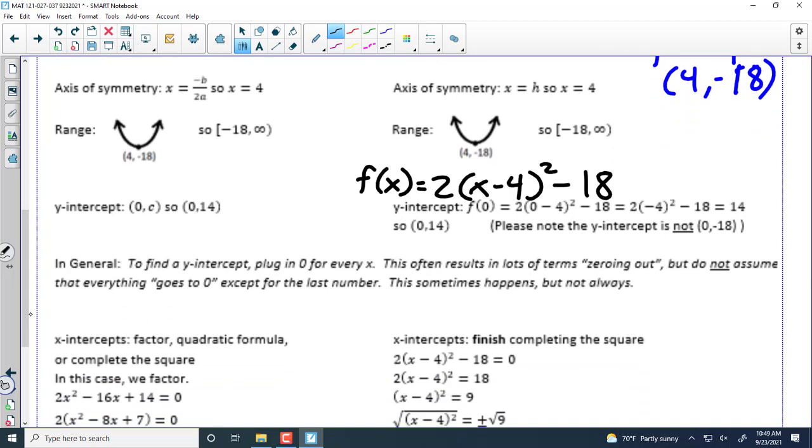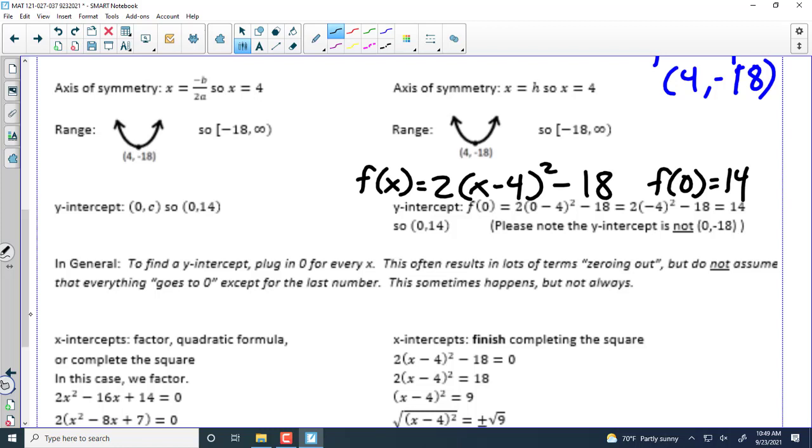Everyone, if you plug a 0 in here, what's 0 minus 4? Negative 4, agreed? What's negative 4 squared? 16. 2 times 16? 32. Minus 18 is 14.